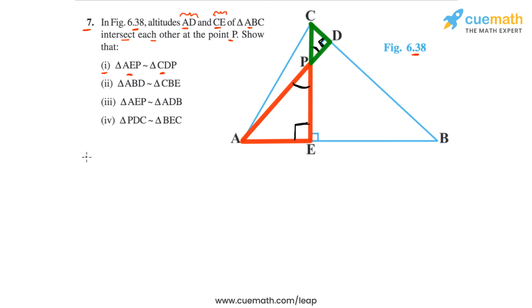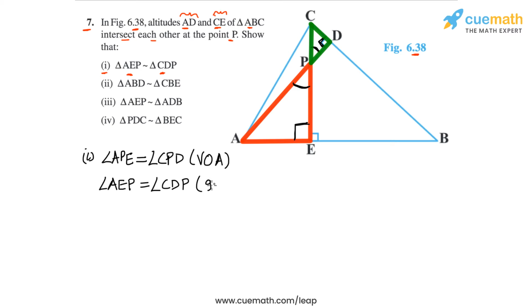So let's write this. In part 1, we have angle APE is equal to angle CPD, and this is because these two are vertically opposite angles. So I'm just writing this short form here. And then angle AEP is equal to angle CDP, because both of these angles are equal to 90 degrees.